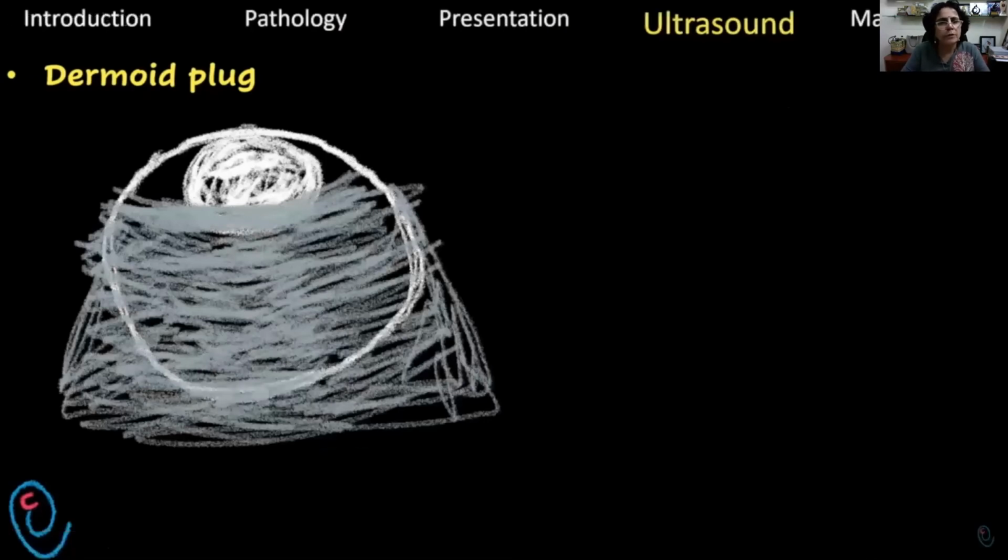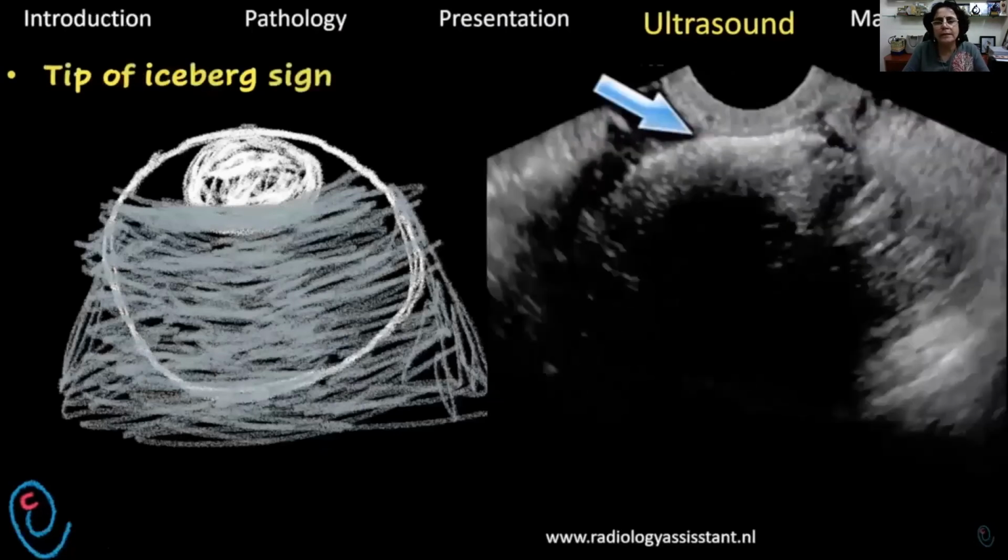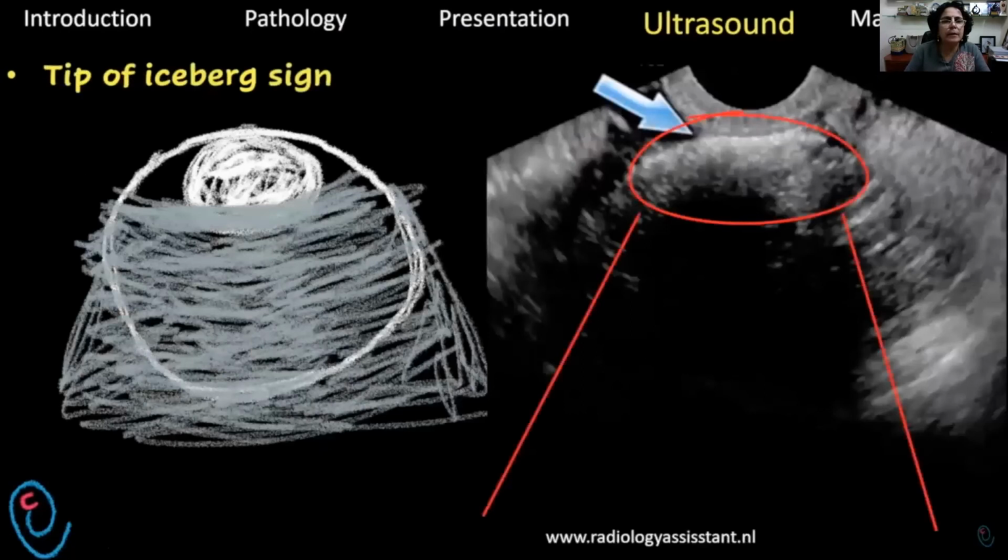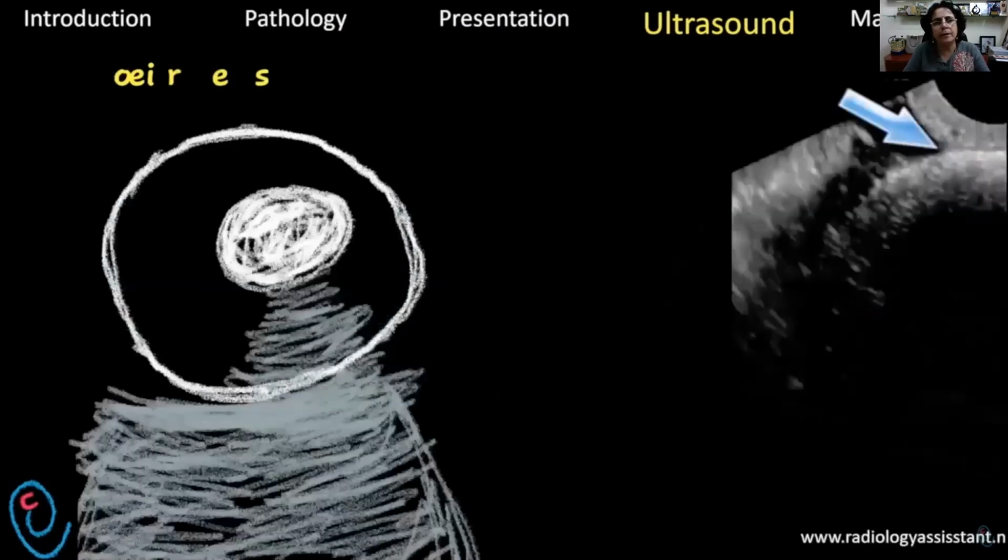So it is just like the tip of the iceberg, and we can see this tip of the iceberg on a sonography. This is also a sign and a confirmed diagnosis of ovarian dermoid cyst.